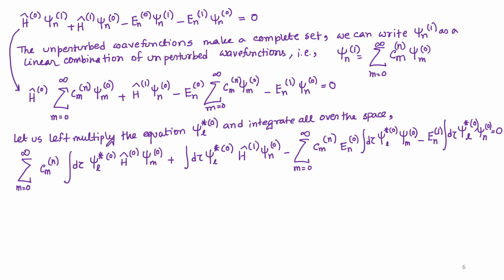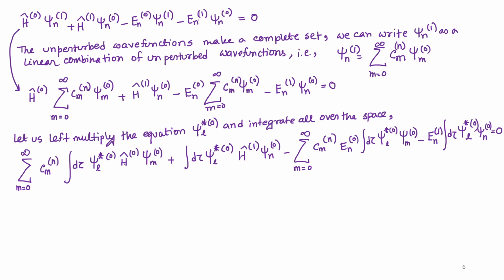Now m can also be n or m can also be l, as m, n, l are all positive integers, right? So this m that I am talking about can be anything. So see, for all the values of m here, what are we looking at?